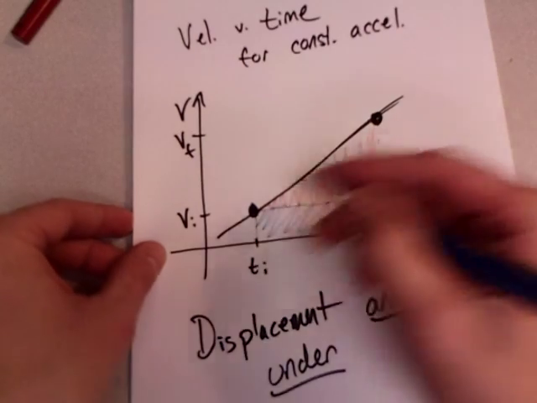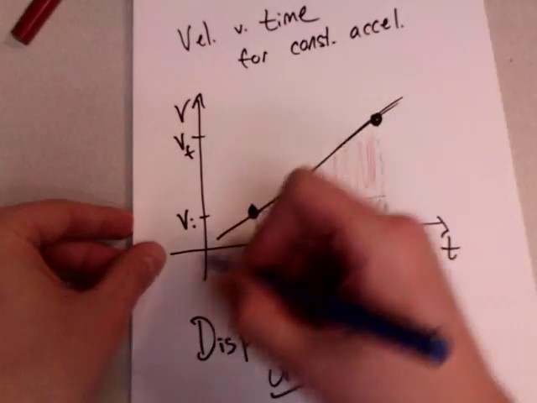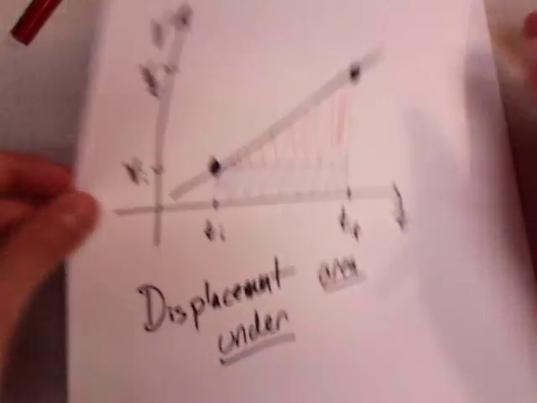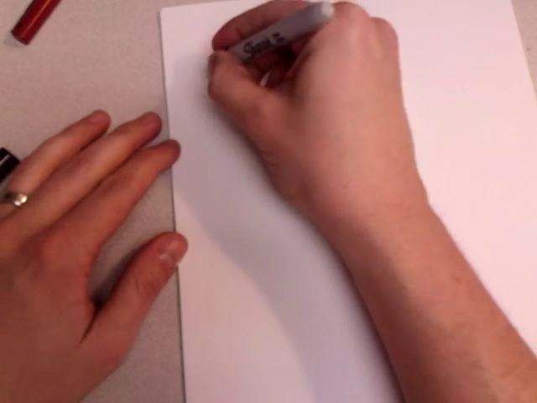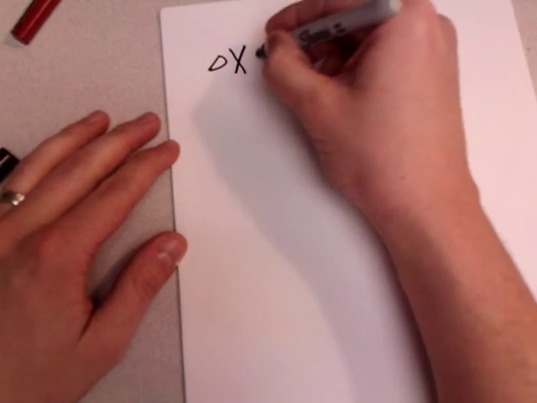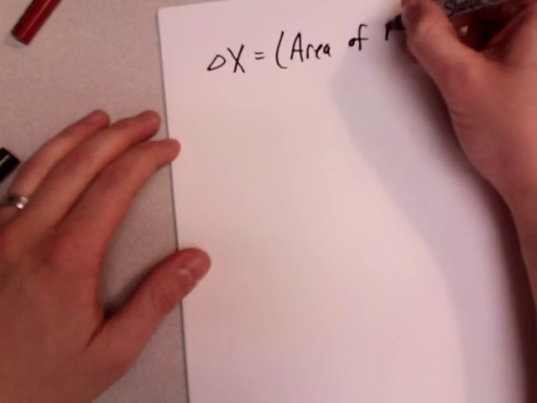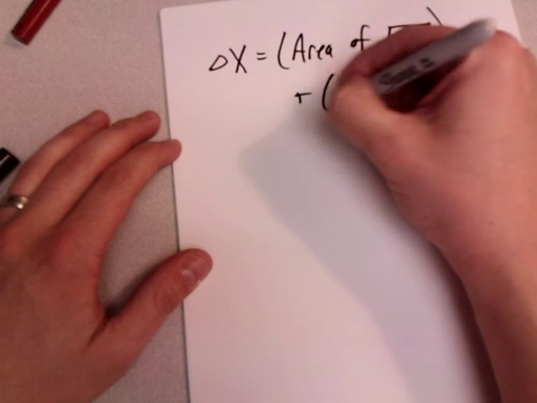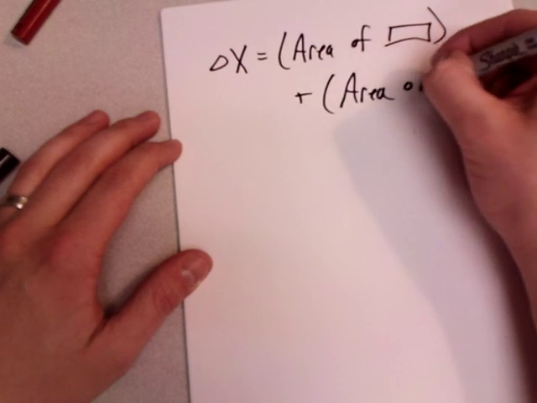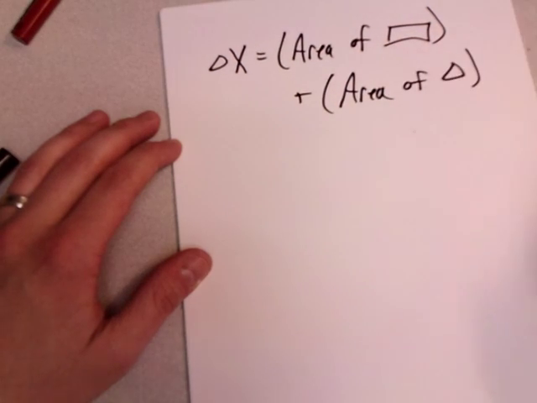That's true in general. Here, when we have constant acceleration, that just gives us the straight line, and it makes it easy to calculate. So our area then is going to be our displacement. So we can just start by writing our displacement, delta x. That's got to equal the area of our rectangle plus the area of that triangle.